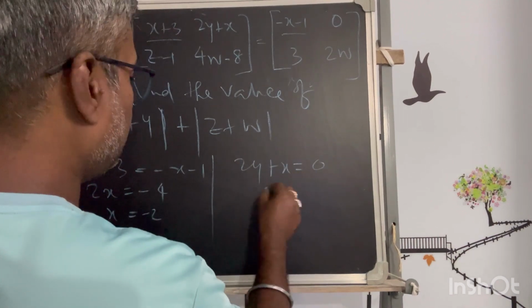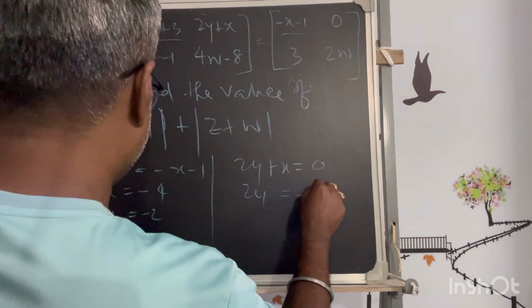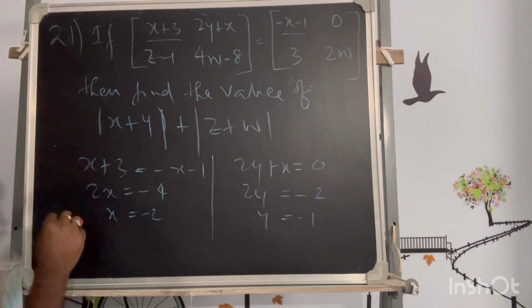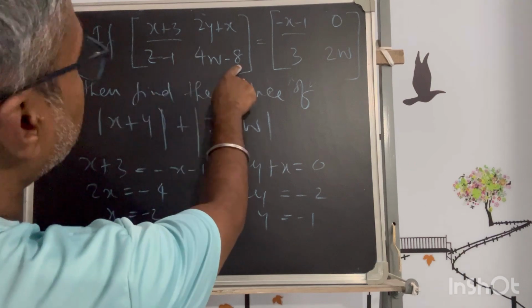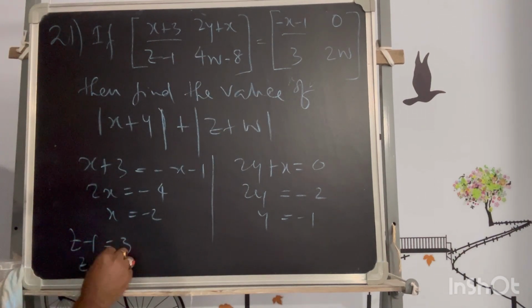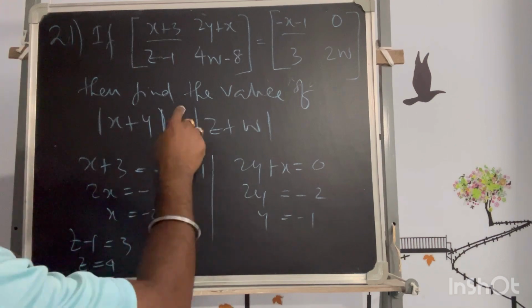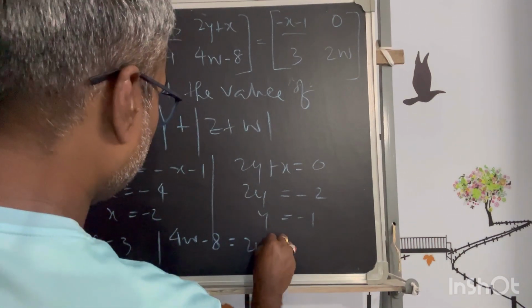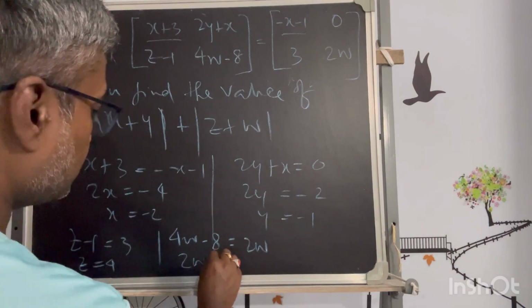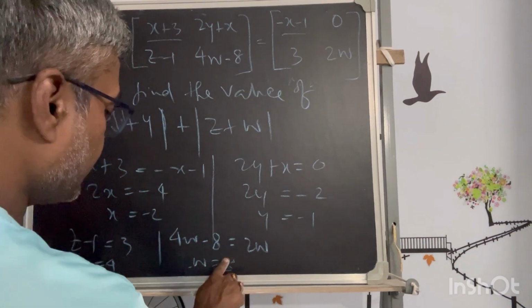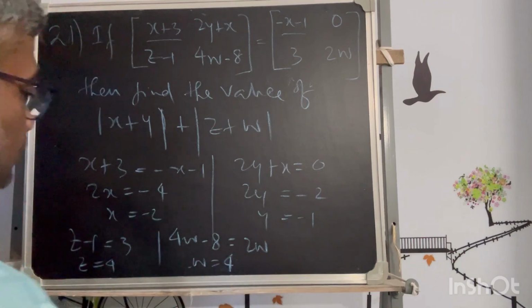Since x is already minus 2, y is equal to minus 1. The second, z minus 1 is equal to 3, also straightforward, so z is equal to 4. And the last one, 4w minus 8 is equal to 2w, so 2w is equal to 8 and w is equal to 4. So all those values are known.